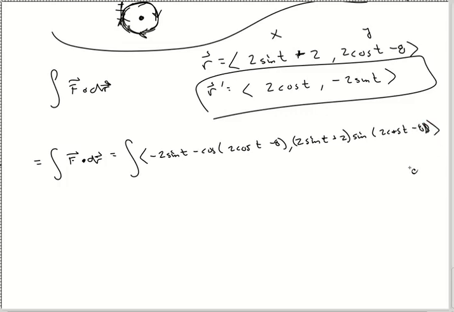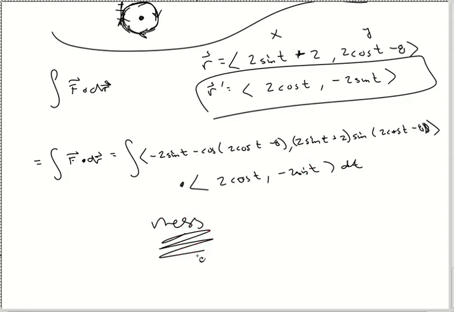Okay, cool. And then all that dot, and then I've got to do my 2 cosine t, 2 sine t dt. Look at this. Cosine of 2 cosine t, blah, blah, blah. It is a mess. That is a mess. You do not want to mess with that.